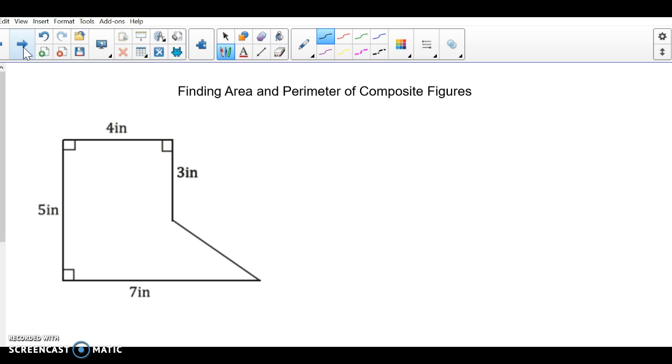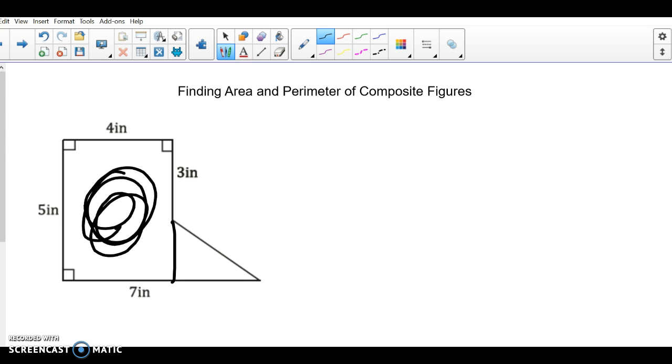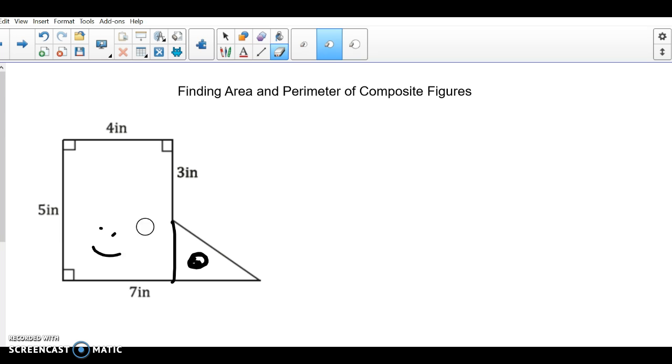Well, it looks like you have a rectangle that has a triangle added onto it. So to find the area, all we would have to do would be to calculate the area of the rectangle and then the area of the triangle, and then add those two together, and then we would have the area of the entire figure. So that's going to be our strategy here.